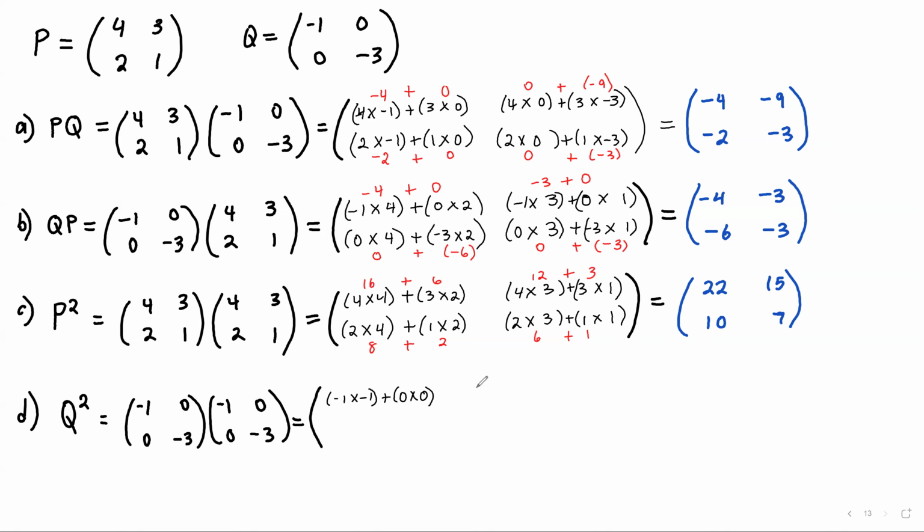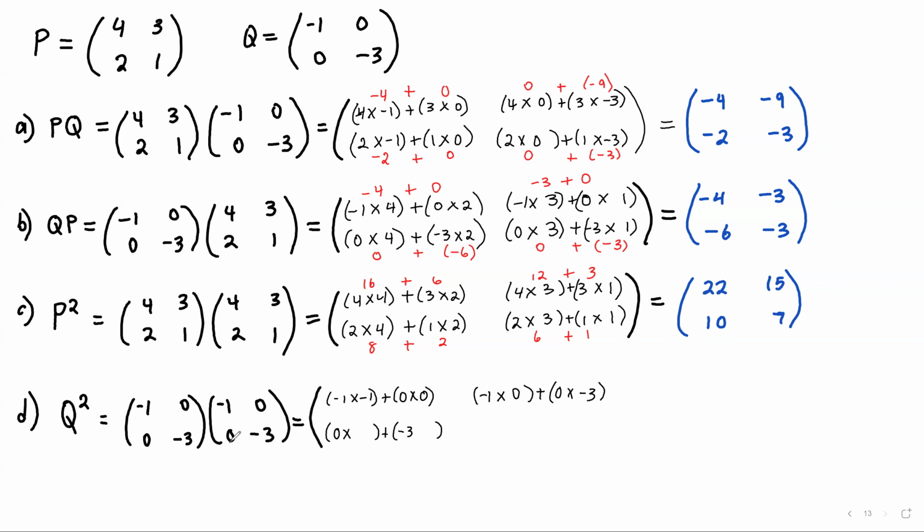Now, same row 1, which is -1 times, and then plus same row 1, so it's 0 times whatever is in column 2. The column 2 values are 0 and -3. And then on the bottom, this is row 2 now, so we're looking at 0 and -3.